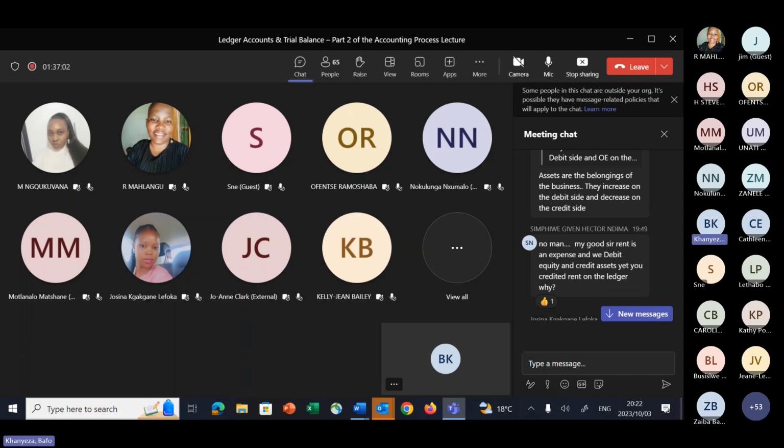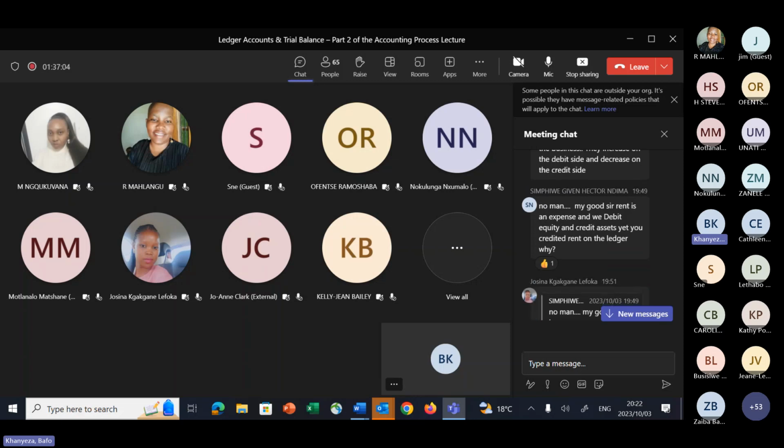Let me see. Yeah, somebody has explained it for you. They say it is rent expense with debit, equity credit, yet credited rent on the ledger. Maybe that's why I was saying, sometimes when I write and talk, I might end up doing something different, but you've got the correct thing there in your study material.